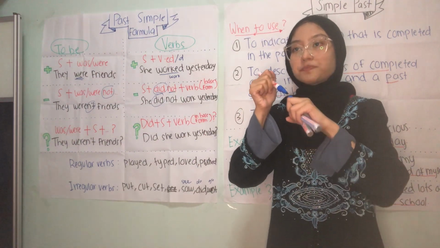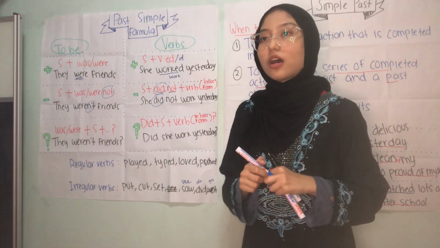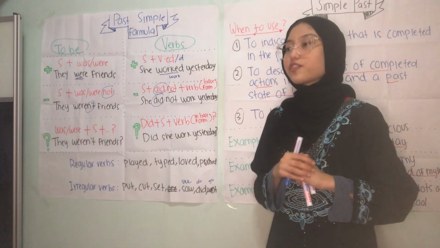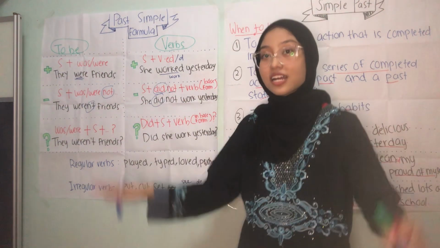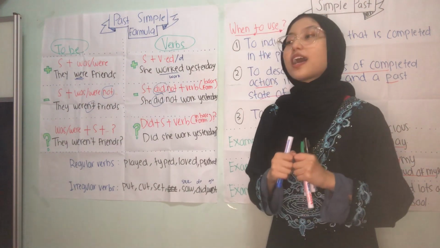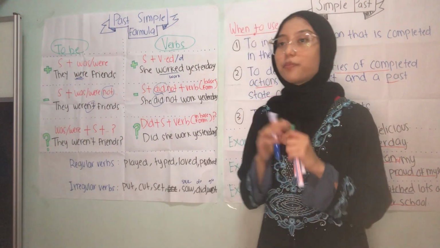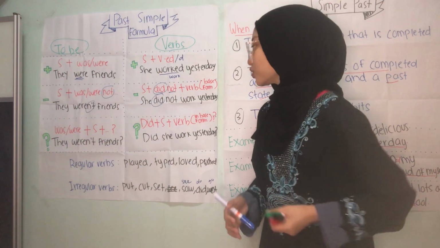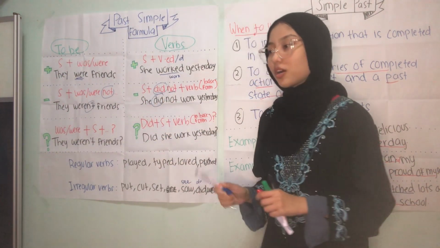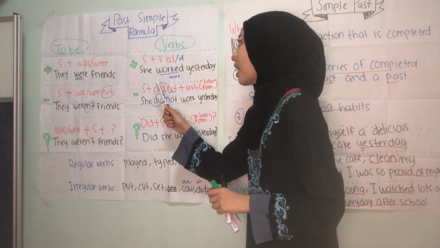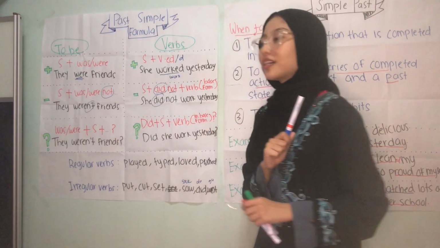Can you tell me what is an auxiliary verb? It is a helping verb. So we use did. Why do we use did instead of do?